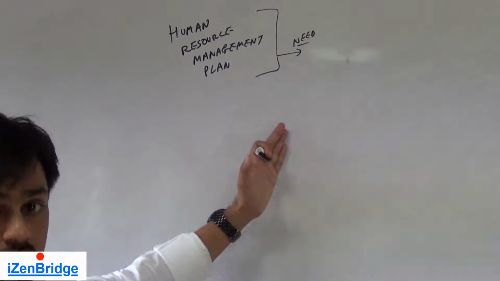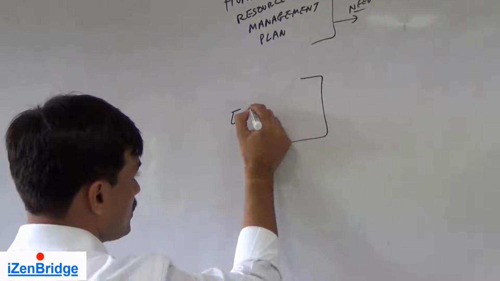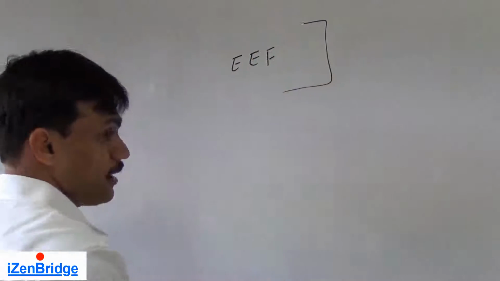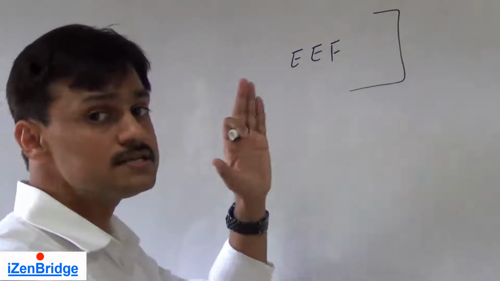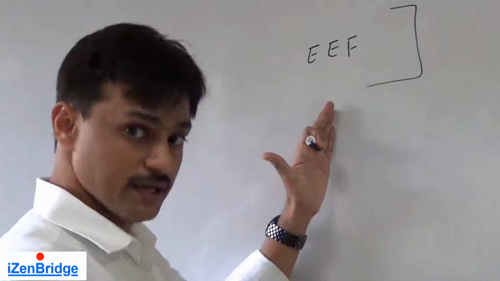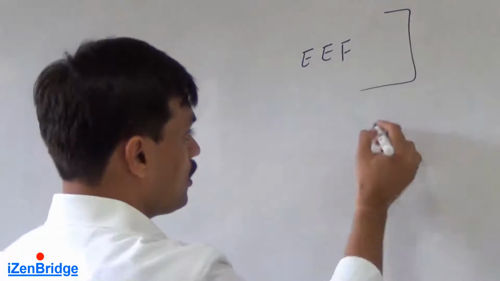After knowing the requirement, we need to understand what is available inside the organization and what is the surrounding conditions. What kind of skills, systems are available in the organization and outside. Enterprise environmental factor.